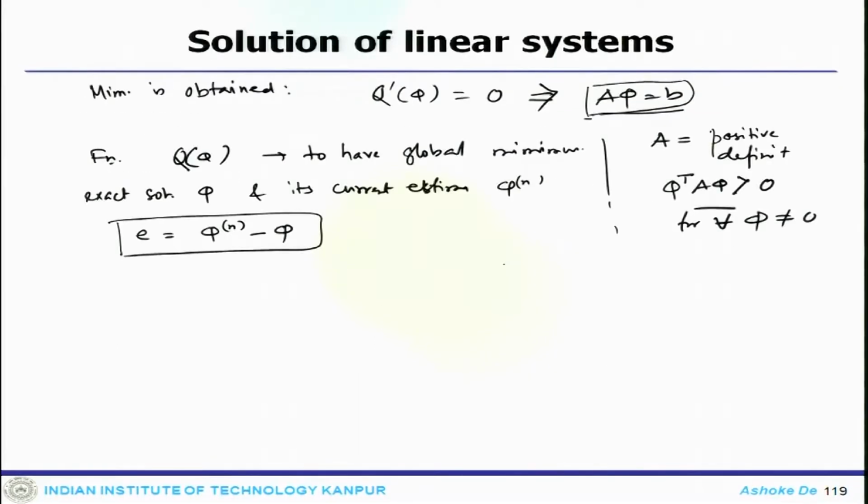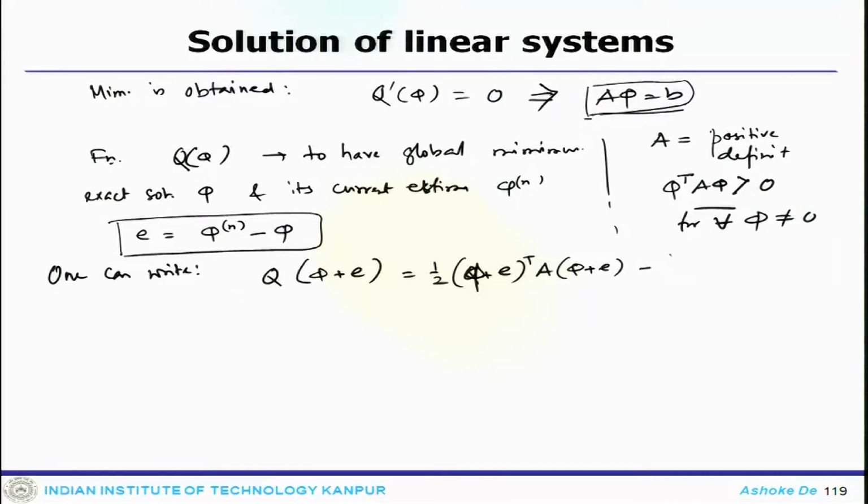Now, using this error, one can write q of phi plus E equals half of phi plus E transpose A, phi plus E, minus B transpose phi plus E, plus c.